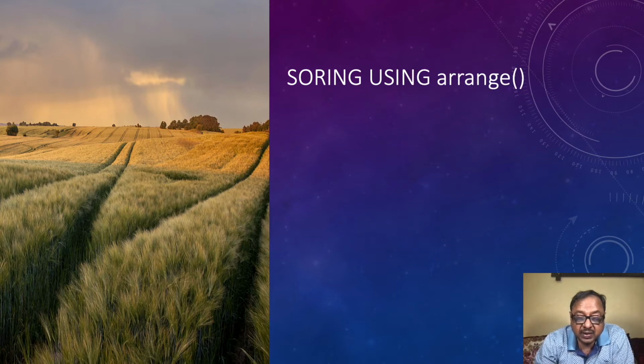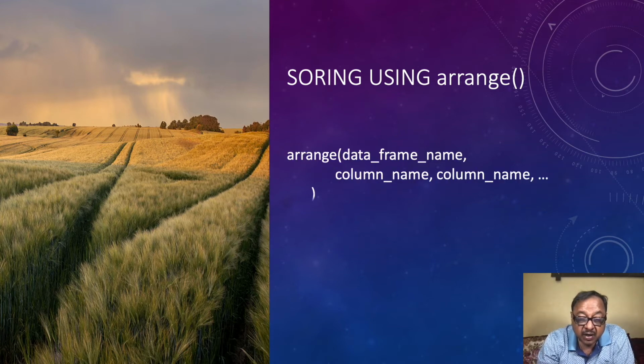Now remember that the arrange function is available in the dplyr library. So the dplyr library has to be invoked first before the arrange function can be utilized. Now the syntax for the arrange function is that we say arrange and then give the data frame name which has to be sorted, and after the data frame name we have to give a series of columns.